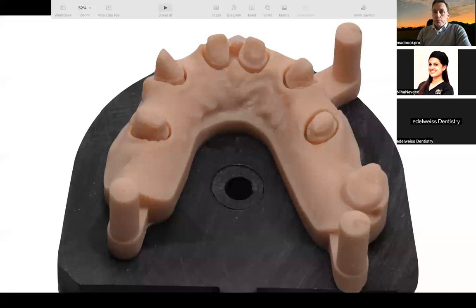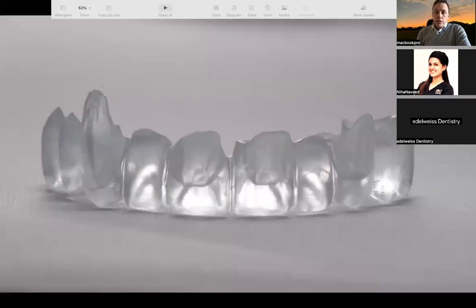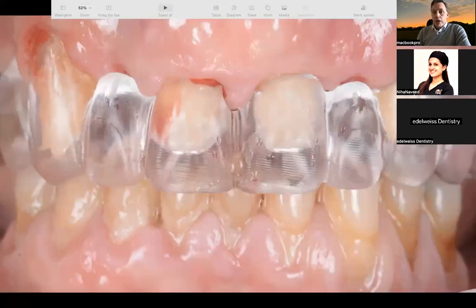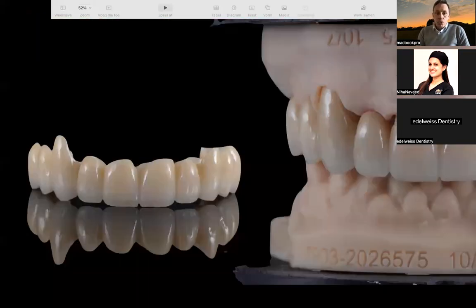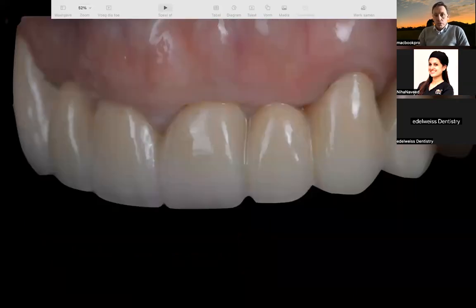Based on this 3D printed model with the preparations inside, we make a try-in, like you see here, to see if the form is right and if we have enough space for our restorations. Finally we go to the definitive restorations, to place them in the mouth, like you see here. And we always try to be at the highest level of aesthetics to get a nice result.